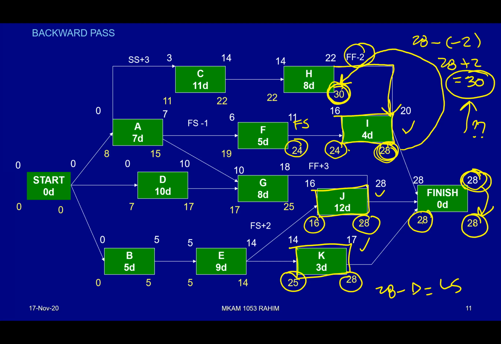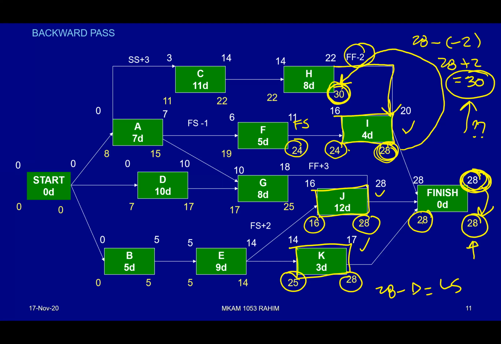The overall project duration is at 28 days. But then how come among the activities, when you do the late start, one activity can have a late finish much later than the project completion date. That is the issue. But by doing the calculation, it looks like as if it is correct.